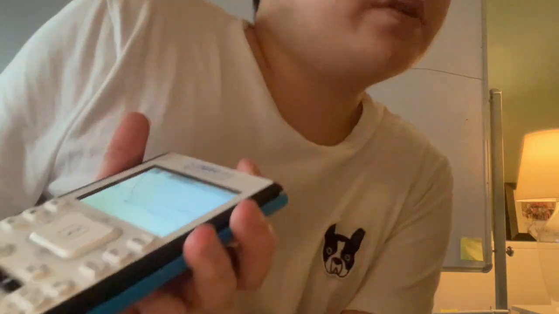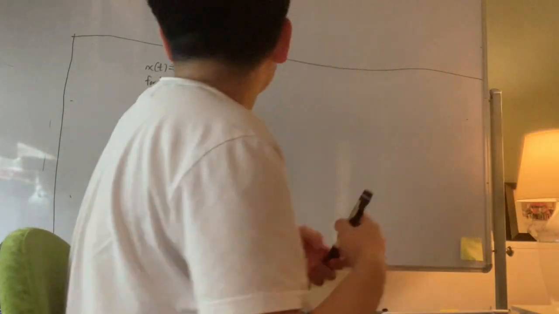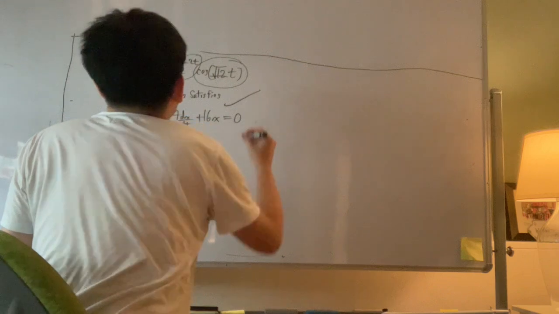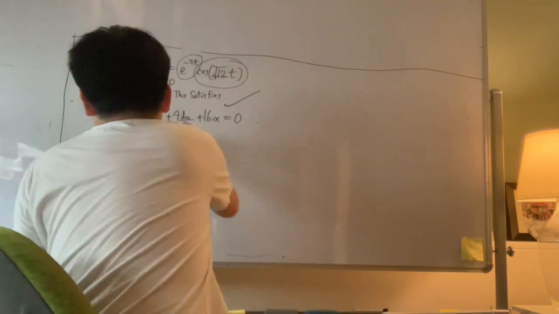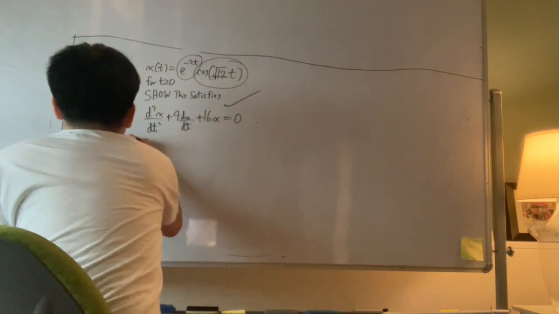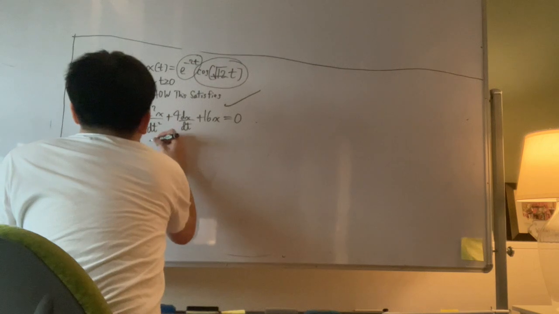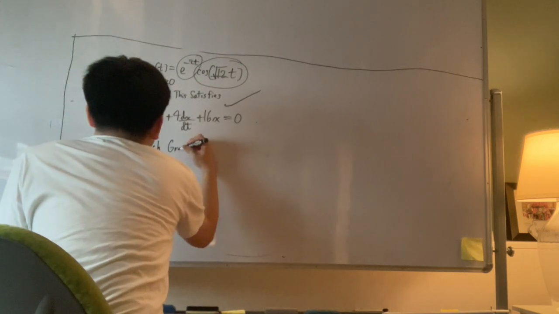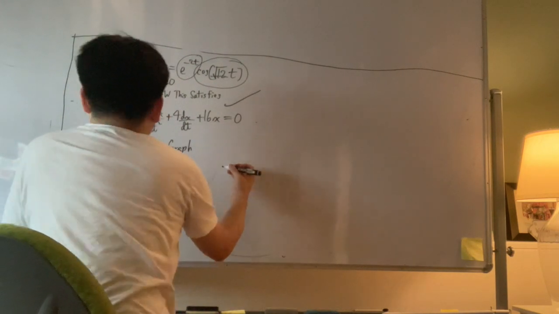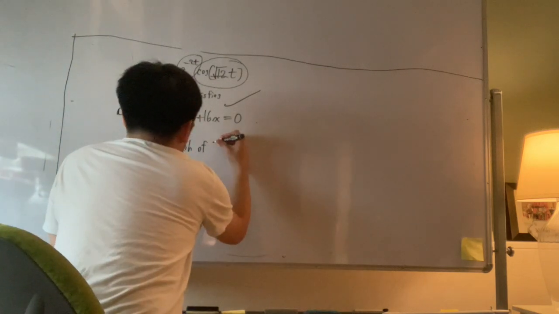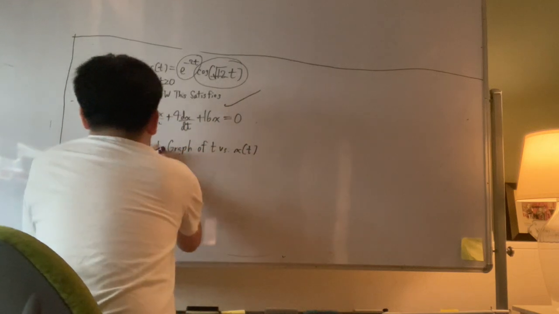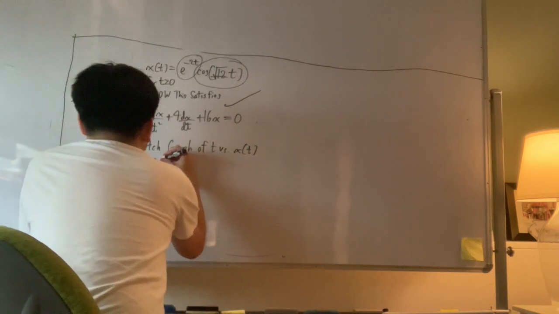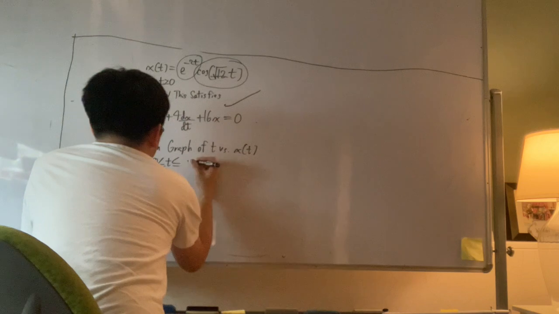So the next question they asked us after this is done, and that was just part A. Sketch the graph of t versus x of t for 0 less than or equal to t less than or equal to 2.